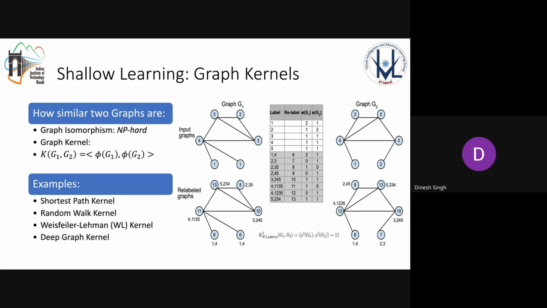Once you define the kernel and calculate your gram matrix or kernel matrix, you can apply a support vector machine, or any other clustering or classification method over those vector transformations, and you can achieve your task.